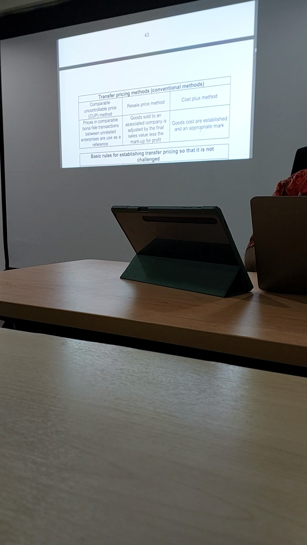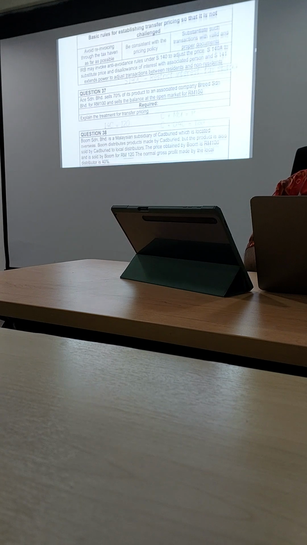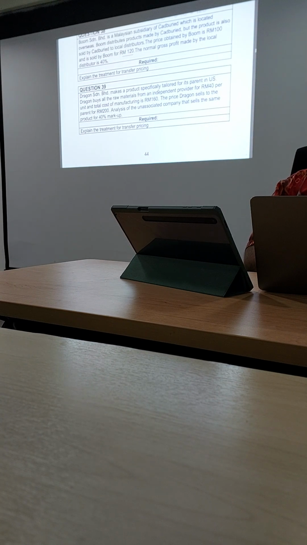Cost plus is where goods cost is established with an appropriate markup. So here, Dragon makes a product specifically tailored for its parent in the US. Dragon buys all raw material from an independent provider for $40 per unit and the total cost of manufacture is under 60. The price Dragon sells to the parent is 200. Analysis of an unassociated company that sells the same product shows a markup of 40%.